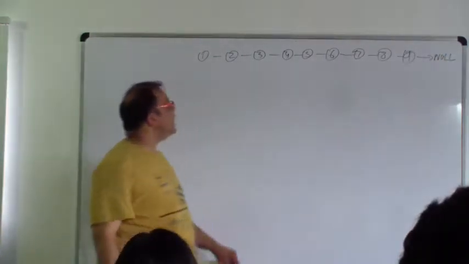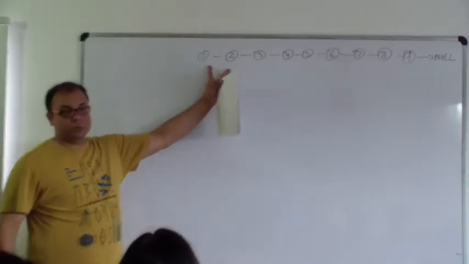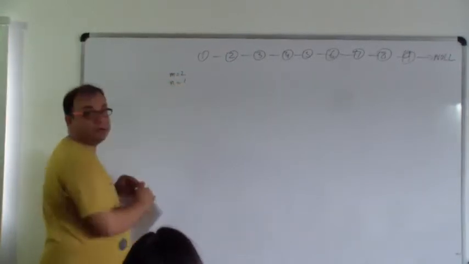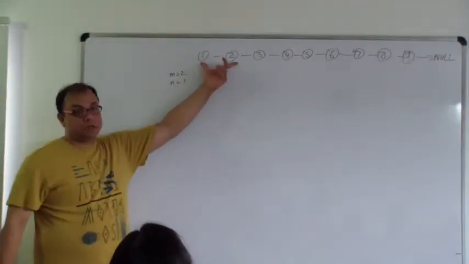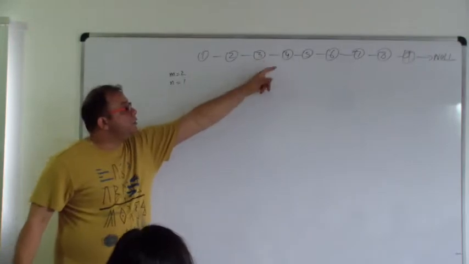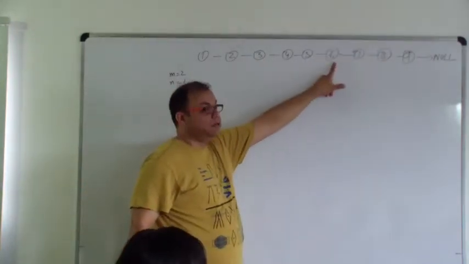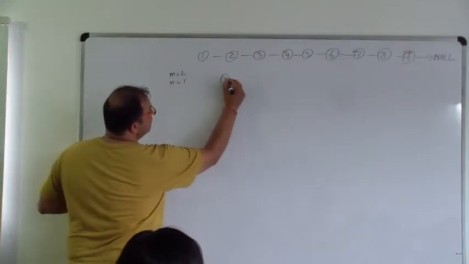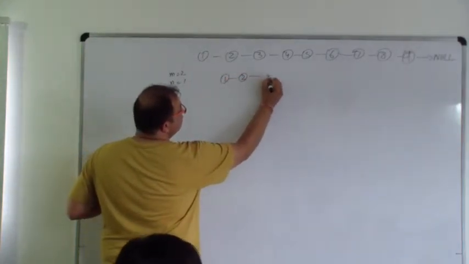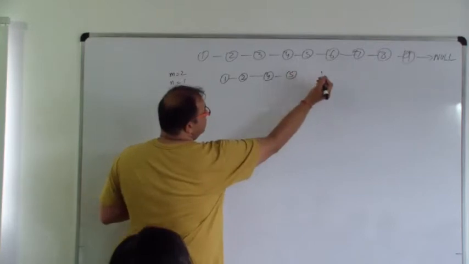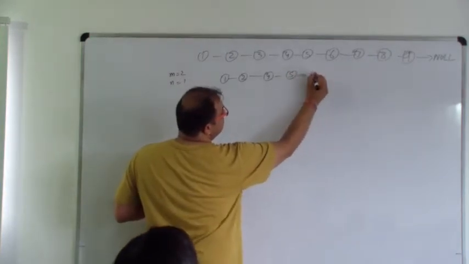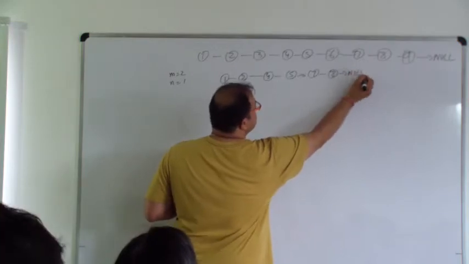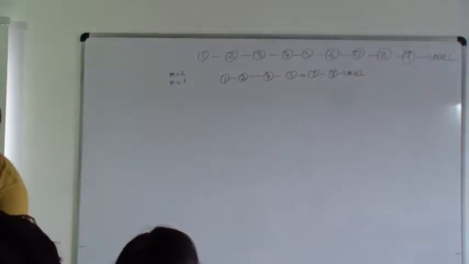Let's say we have to retain 2, so m is equal to 2 and n is equal to 1, which means that we have to retain 2 elements, delete the third one. Retain 2 elements, delete the third one. Retain 2 elements, delete the third one. So this list becomes 1, 2, 4, 5, 7, 8.